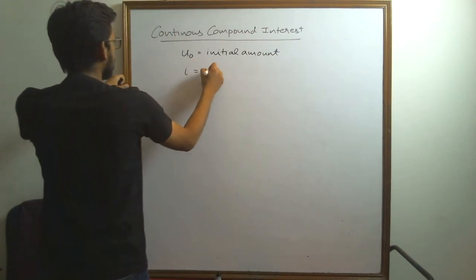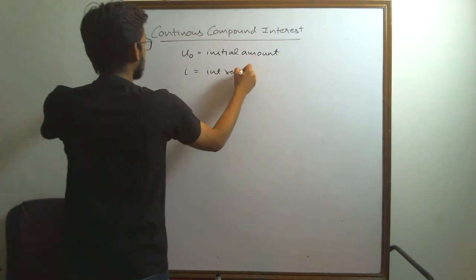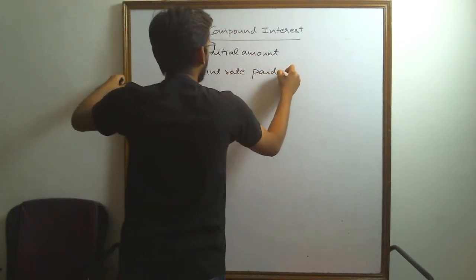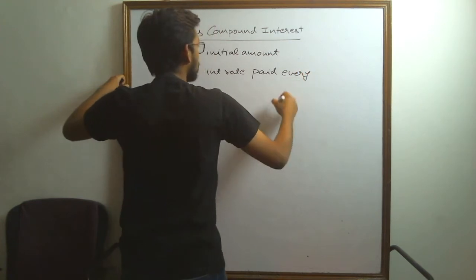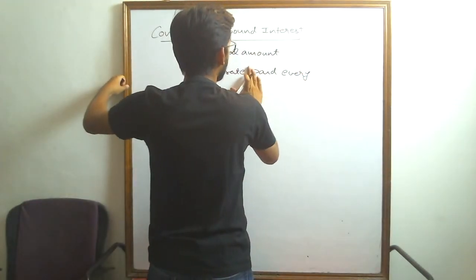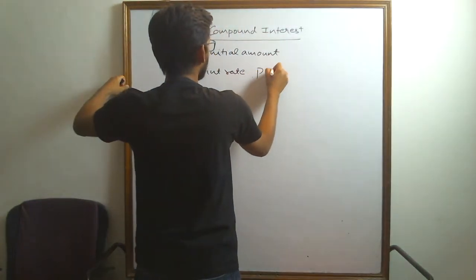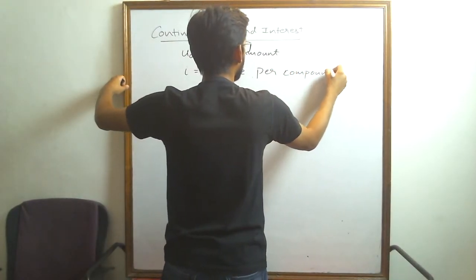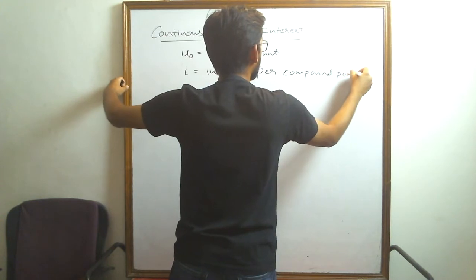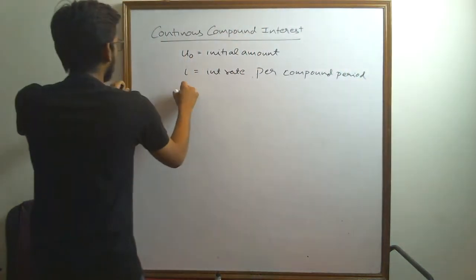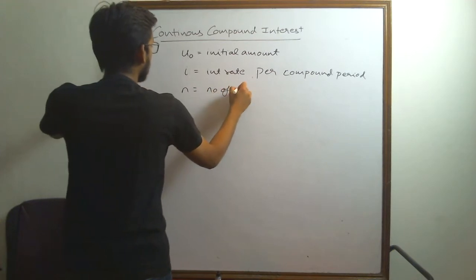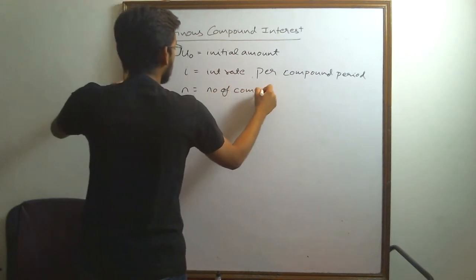I is the interest rate paid per compound period. And n, small n, gives us the number of compounding periods.